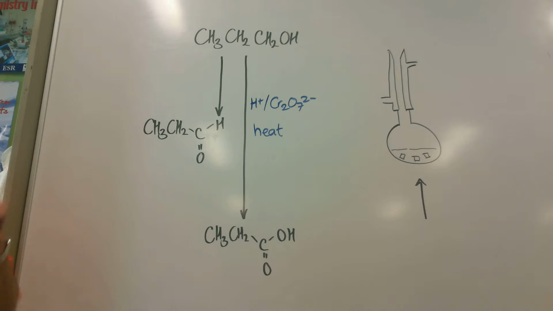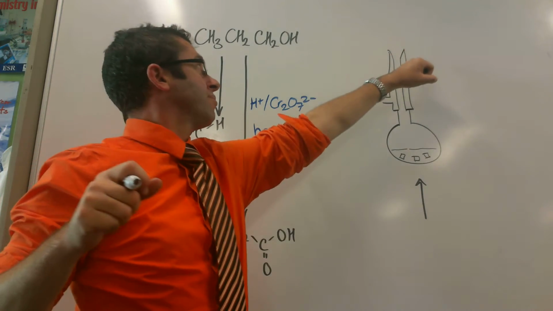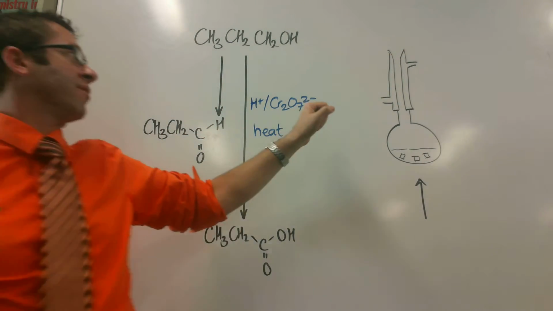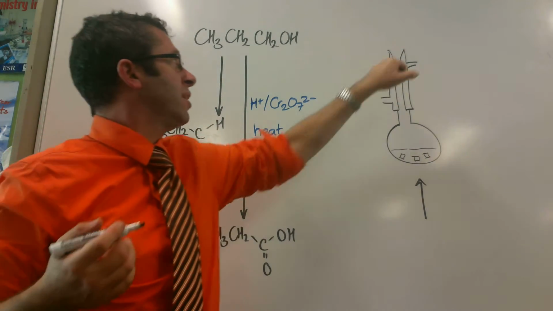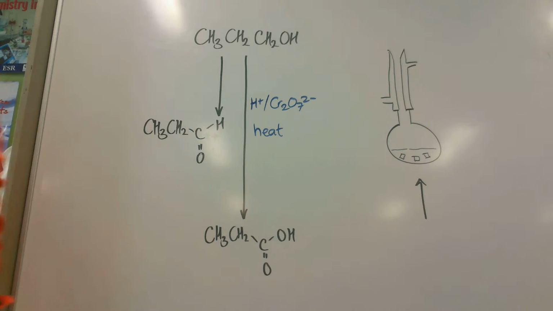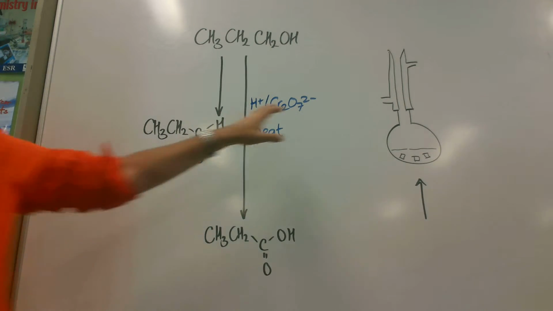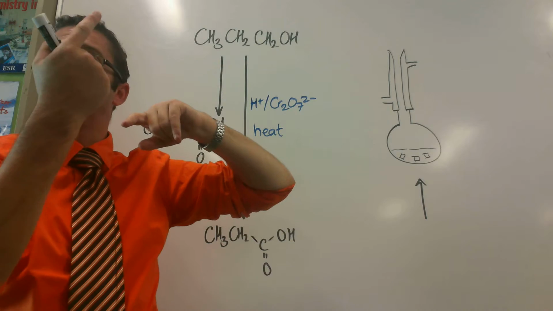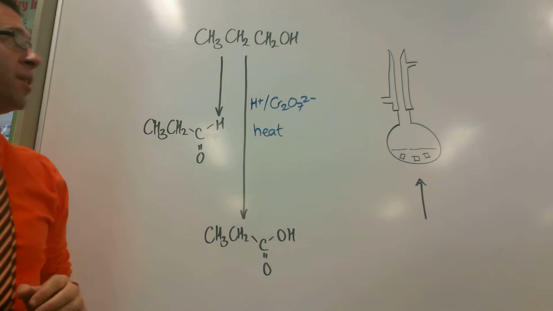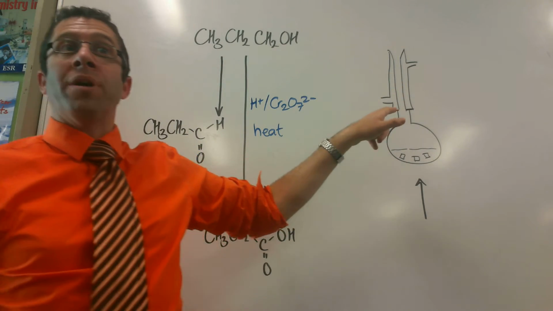And the outer tube has got a hose coming in and a hose coming out. So what we've got is water being able to go into the outer tube, while the inner tube is where the vapour will be.